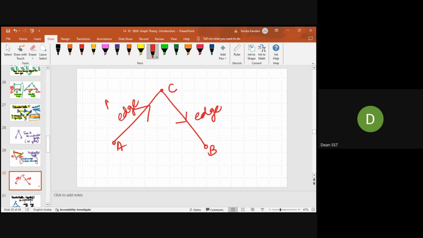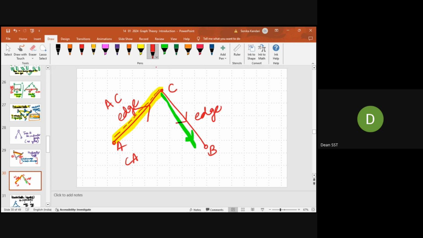It means you can move from A to C. But when you want to move from C to A, you need some other direction.